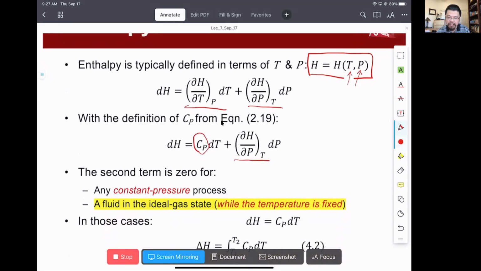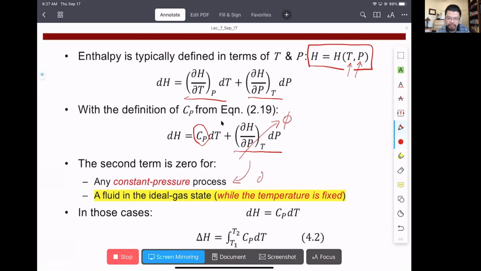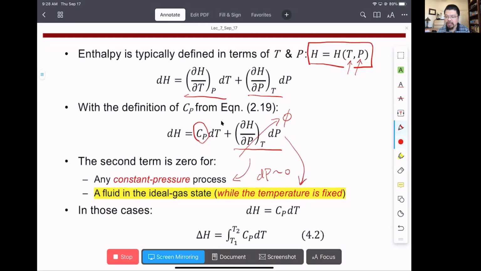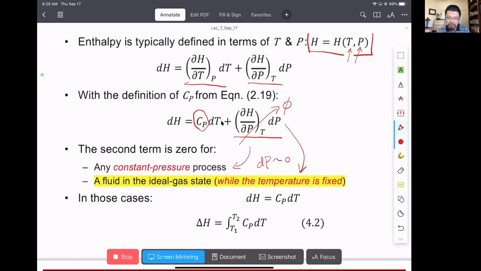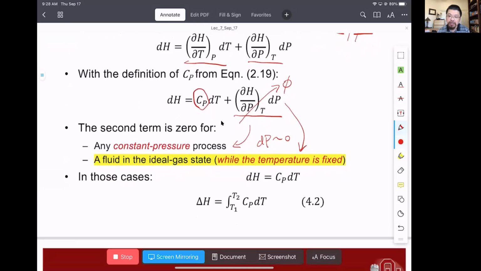For the second, we try to come up with ideas when we are able to neglect the contribution of the second term. So again, if we have the constant pressure process where dP would be zero, or when we are dealing with ideal gas, then we are able to get rid of the second term and only focus on the first term.